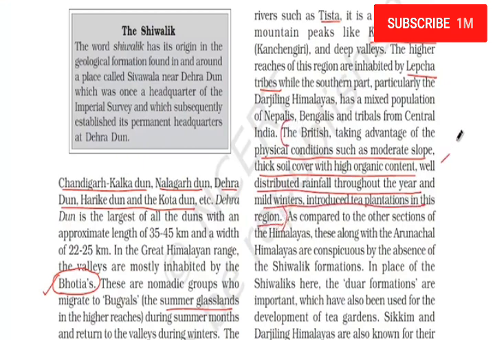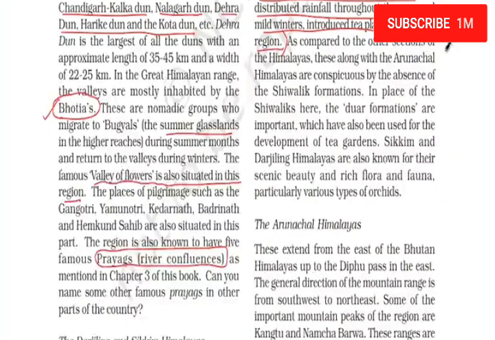UPSC mains question: why is this region usually chosen for tea production? The reason is the moderate slope, thick soil cover with organic content, which is good, and along with this, rainfall throughout the year. All these conditions helped the tea plantations. As compared to other sections of the Himalayas, these, along with the Arunachal Himalayas, are conspicuous by the absence of the Shivalik formations, and in place of Shivaliks, as I have already told you, you have duars or doors.